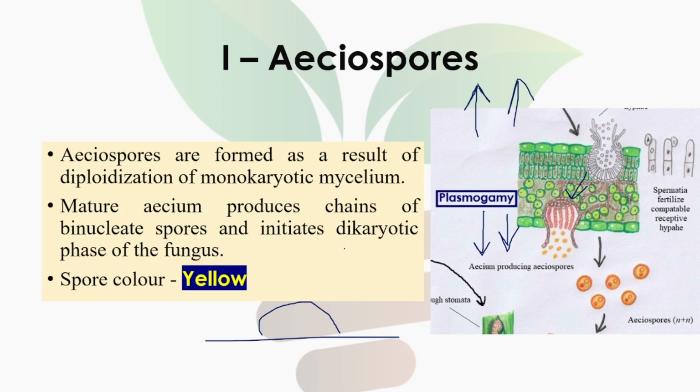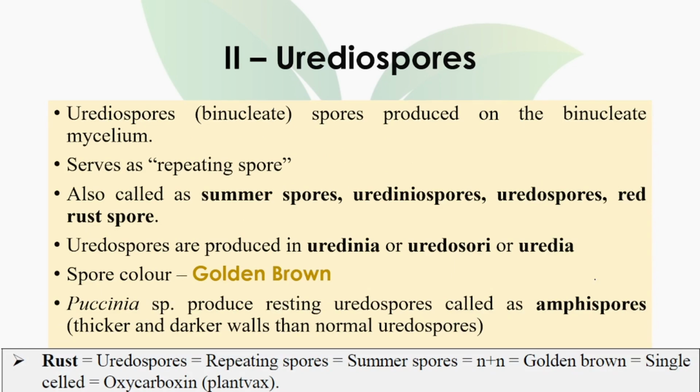They produce matured aecia, with aeciospores in chains. You can see the chains of spores here, right? They are yellow in color, which is why I have symbolically represented them as yellow.